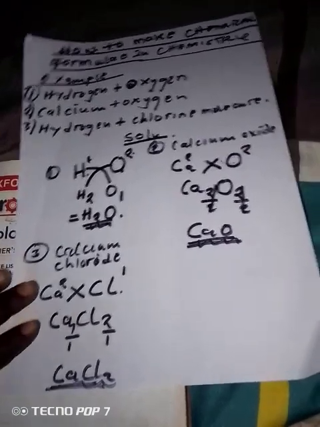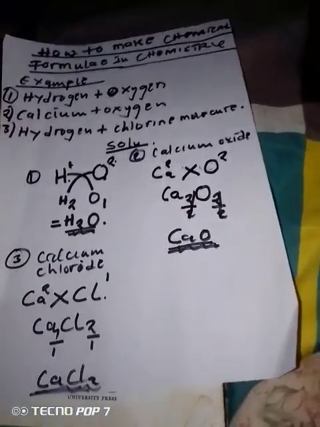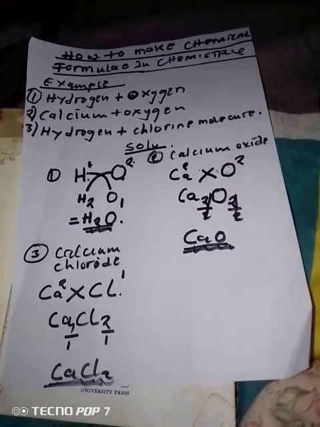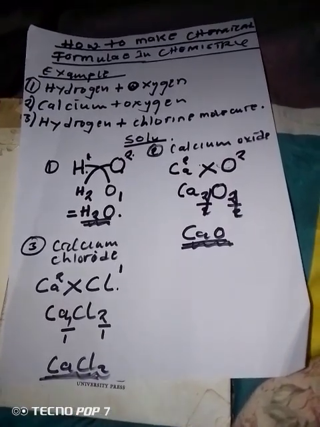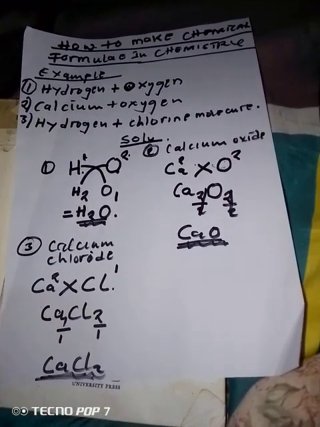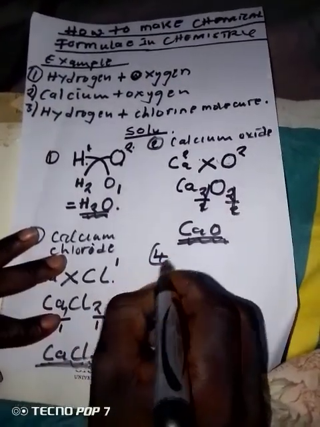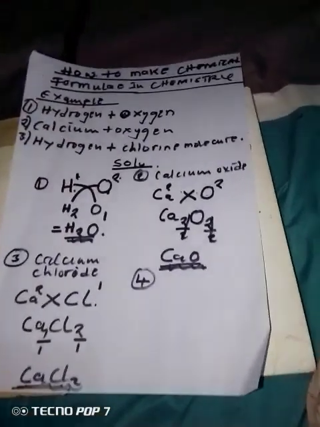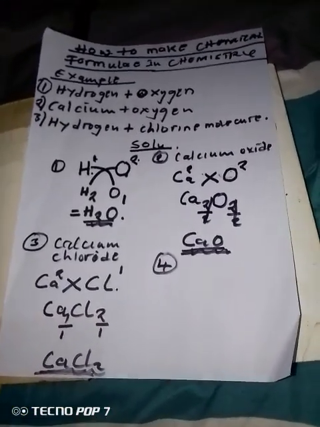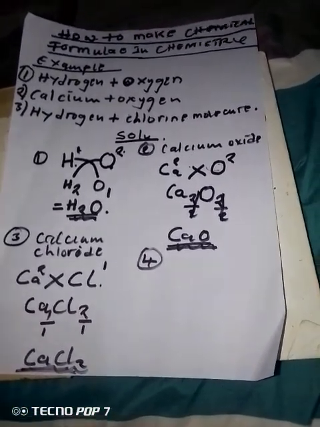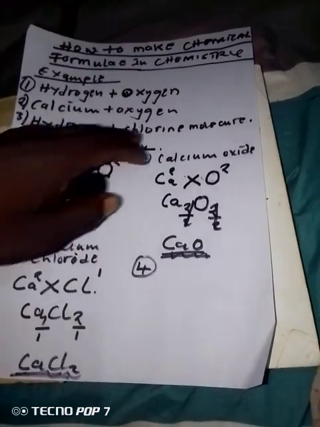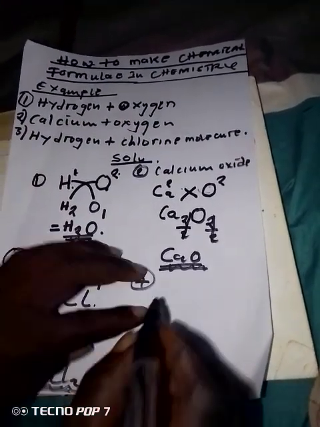Then let's look at the last one for today, the hydrogen chlorine molecule. How can you make the chemical formula for hydrochloric acid? When you join hydrogen plus chlorine, it gives you hydrochloric acid.